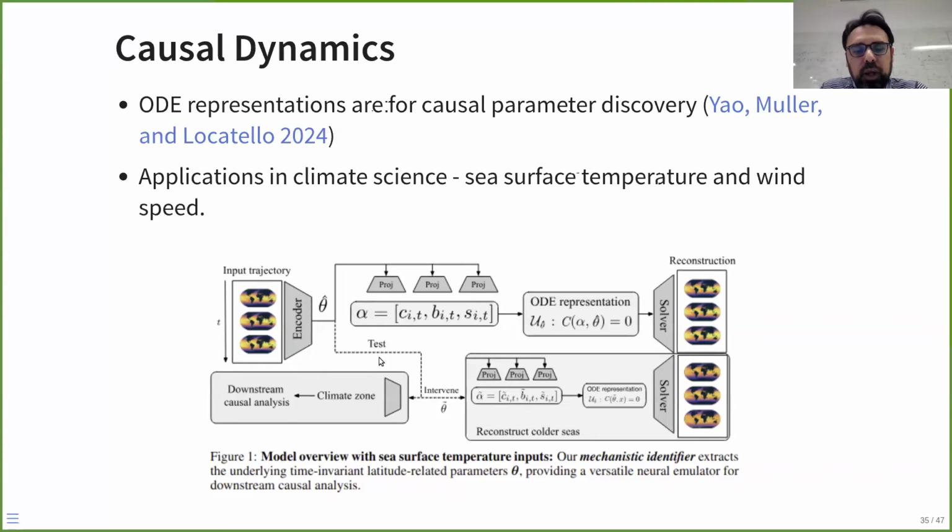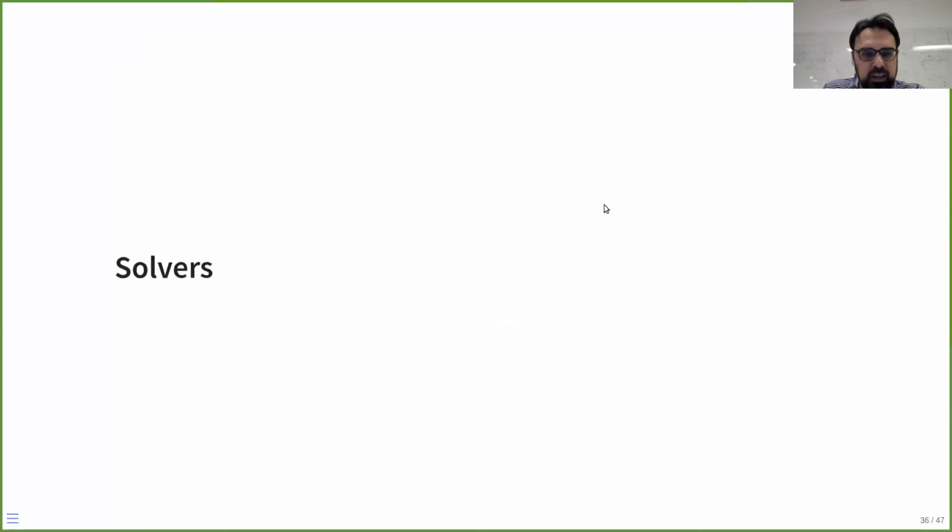Essentially, you take trajectories which share a parameter, and then you can use causal representation learning results to show that this is recoverable, and then you develop a method for translating causal representation learning methods to dynamics. You can show that you can recover some shared parameters. And they show some applications in climate science for sea surface temperature and wind speed.